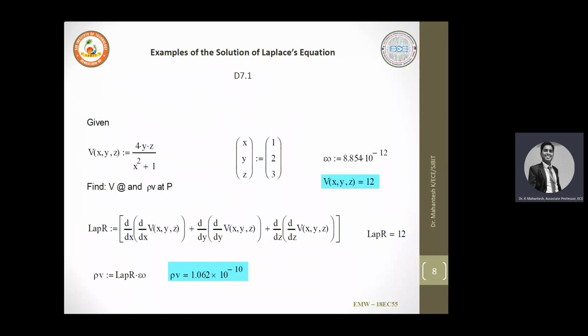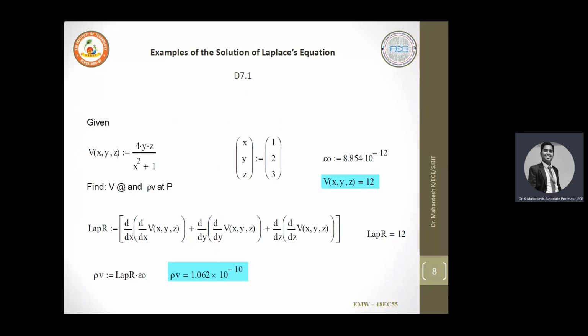To solve a given example, the given potential is 4yz by x square plus 1. It has been asked to calculate rho V at P. Therefore, Laplacian in the given rectangular coordinate system, del square V, is given by V equal to 4yz over x square plus 1.